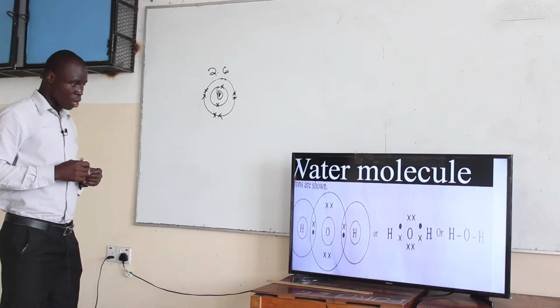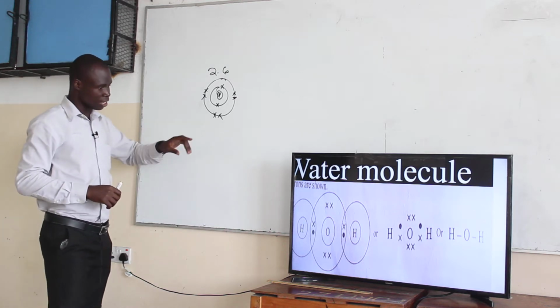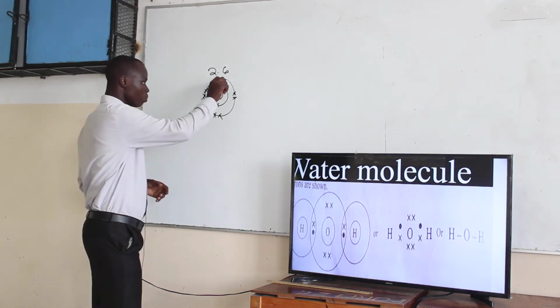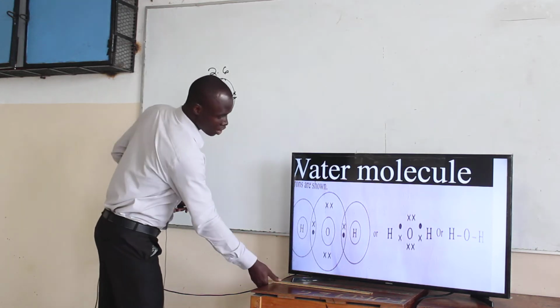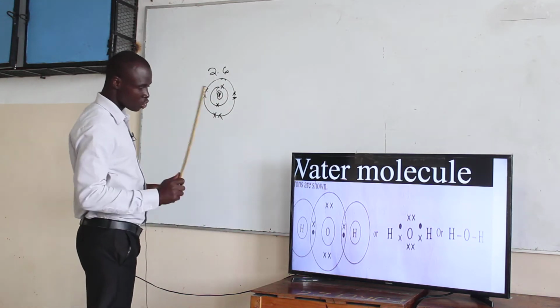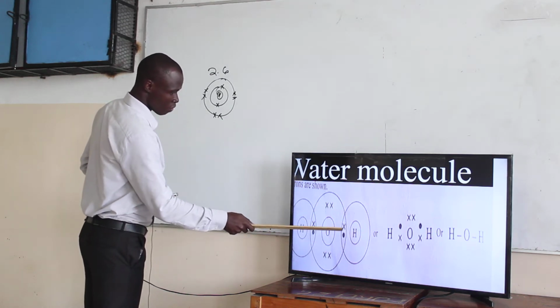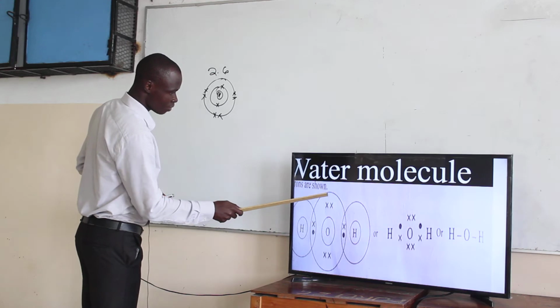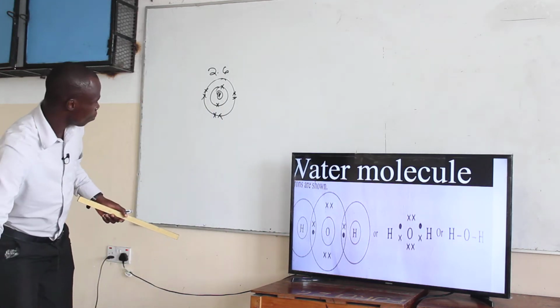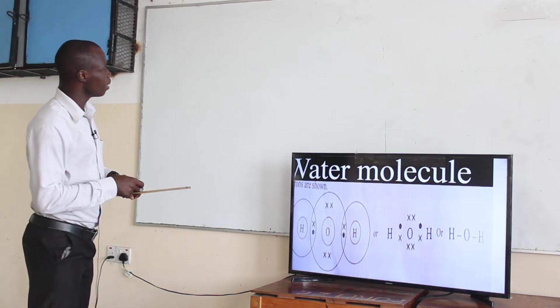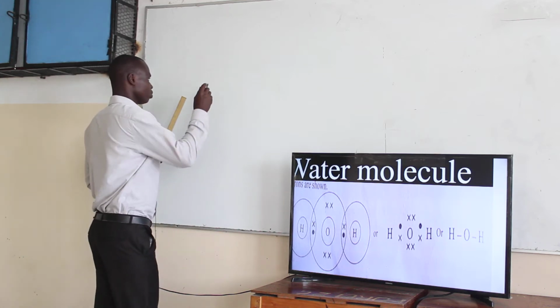Now, when we want to represent it in structure and bonding, we just take the one in the outermost energy level. That's why we are going to count the oxygen electrons to be 1, 2, 3, 4, 1, 2, 3, 4, 5, 6.